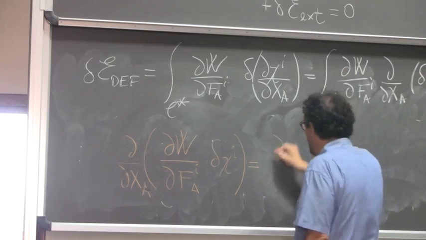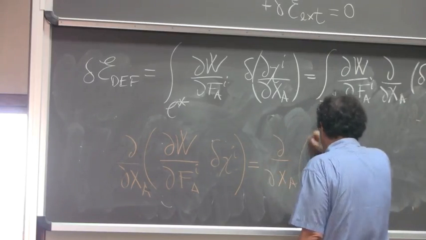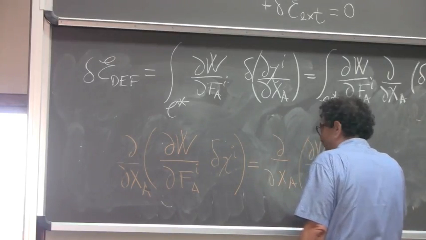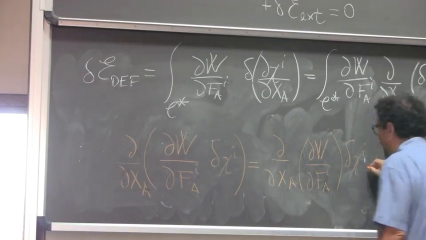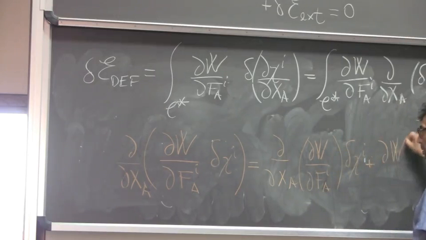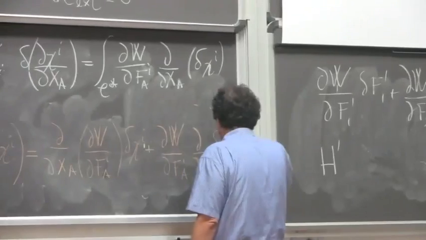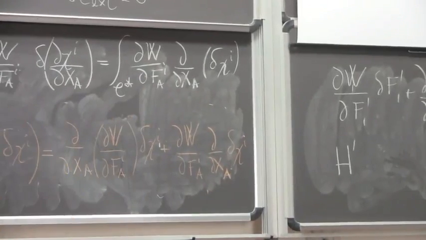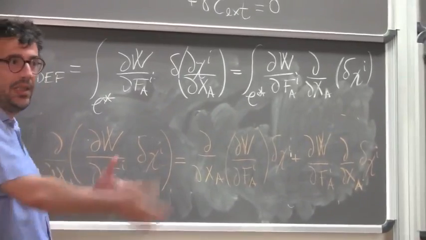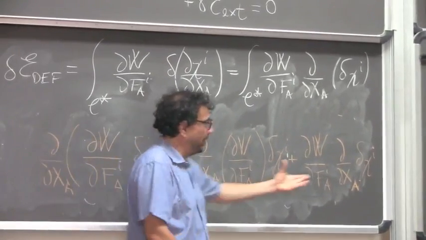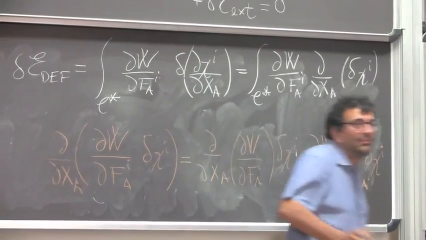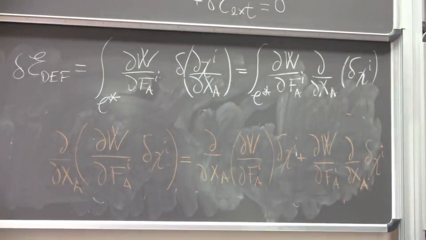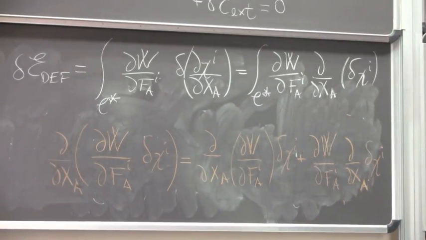So you get d over dxa of dw over dfia delta qi, plus dw over dfi, d over dxa of delta qi. This is Leibniz rule. The derivative of the product is the sum of this plus that. Okay? This is a little bit more complicated from a technical point of view, but this is exactly what we did yesterday. You agree?